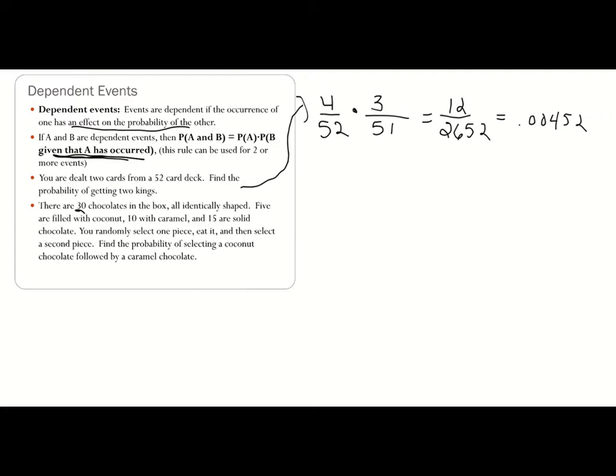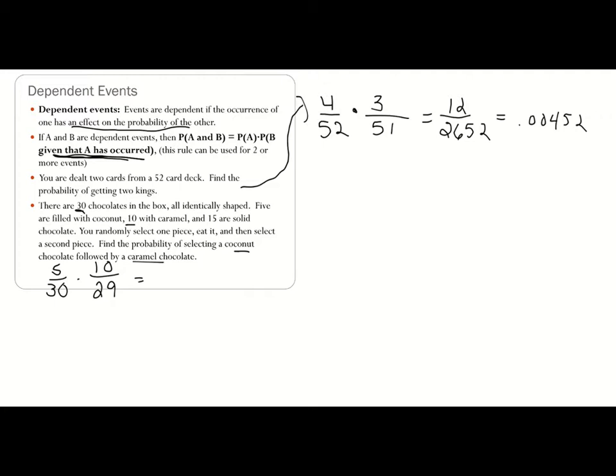All right, so we're going to start off with 30, and we want to select a coconut first. There are 5 out of 30 that are coconut. We eat it, so now in the box there's only 29 left. And now we want a caramel chocolate. We're going to assume we got our coconut, but it doesn't really matter here. There are 10 that are caramel.